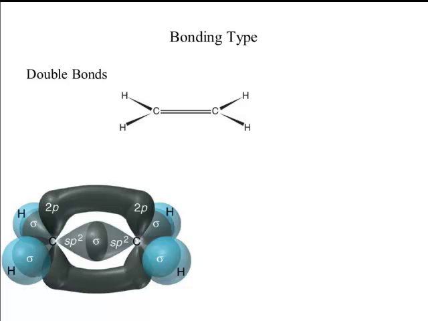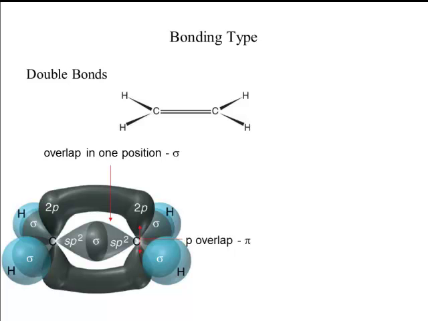When those 2p orbitals overlap, we get that second line there, that second bond. So one of those lines in the double bond is a sigma bond, the other one is a pi bond. The sigma in this case is the sp2 overlapping with the sp2. The pi is the 2p overlapping with the other 2p. So we have our sigma overlap, and we have our pi overlap.